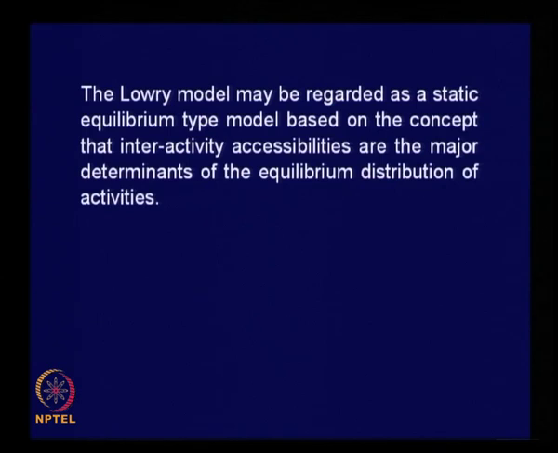And Lowry's model measures this interactivity accessibilities in terms of Fij, okay, travel time factor, and that activity accessibility measure is used as the basis for predicting the horizon year activity distribution also, right, which may or may not be correct, isn't it?